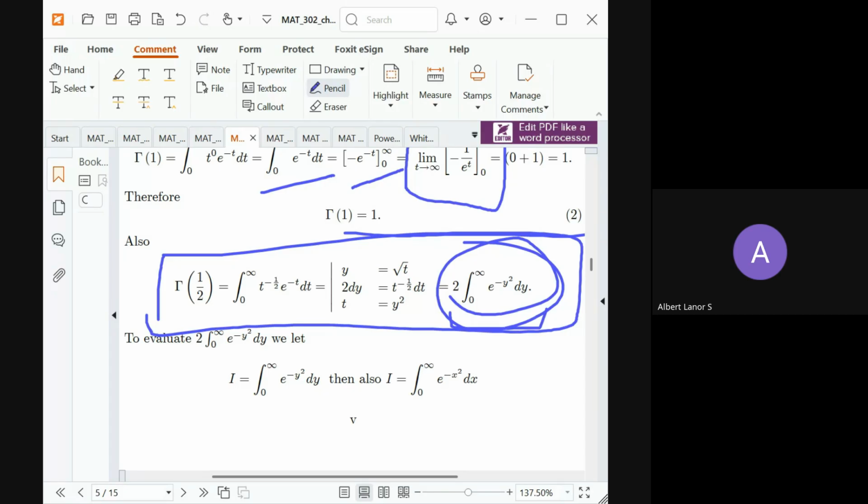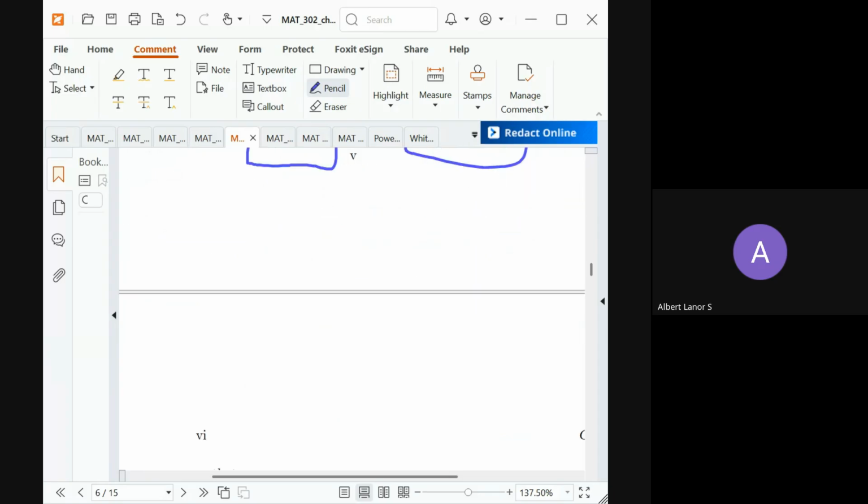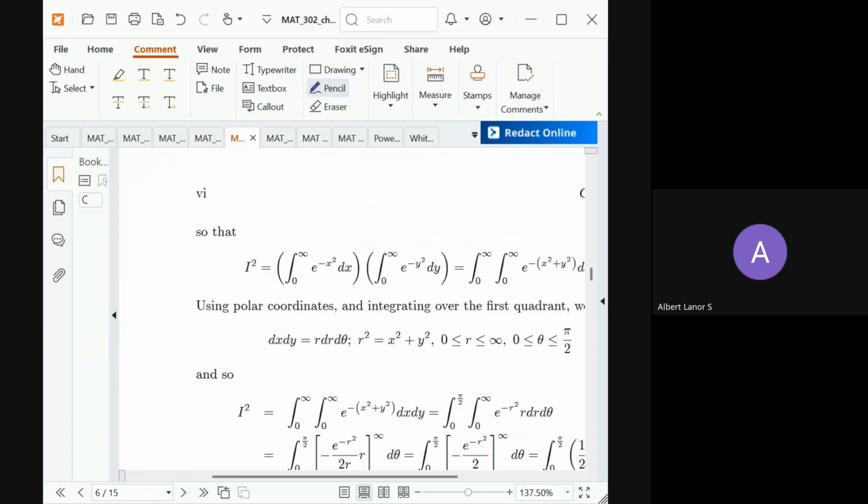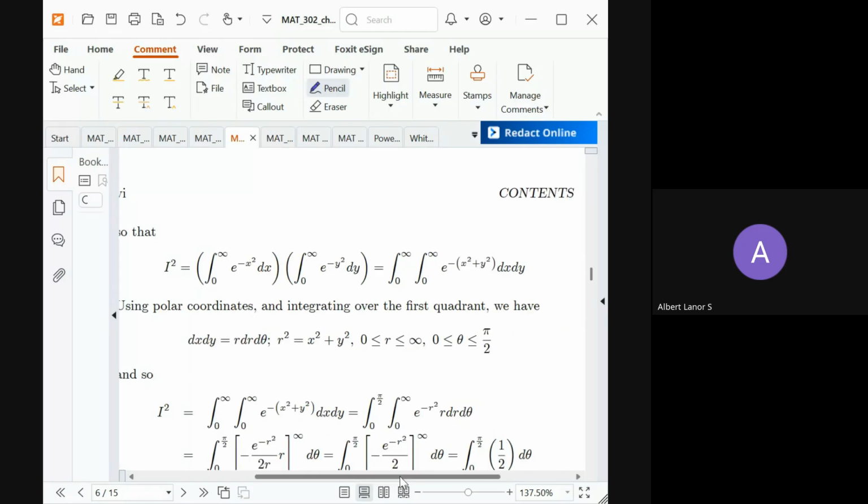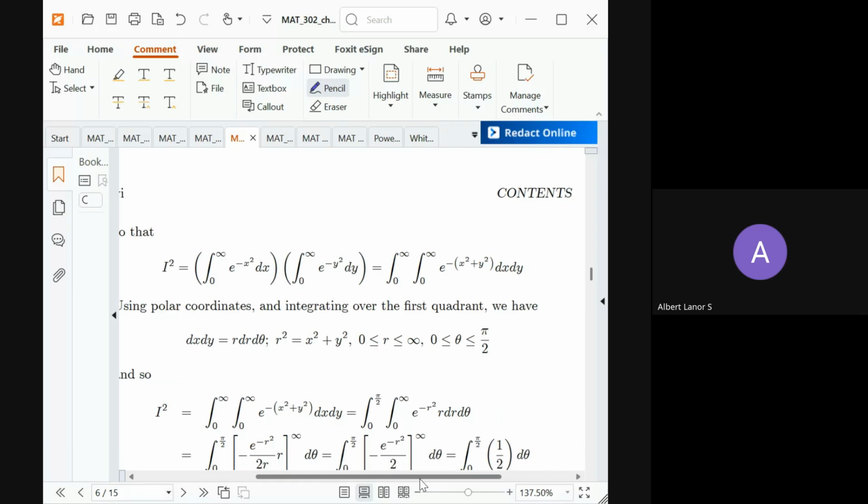Now, you can say that one of them is e to the minus y squared, and the other one is e to the minus x squared dx, the same function, and integrate it. To integrate this, you can set I squared to be equal to that function squared, which would be this one. Now, to integrate this function, it's easy for us to use polar coordinates from first semester. You know that x squared plus y squared is r squared.